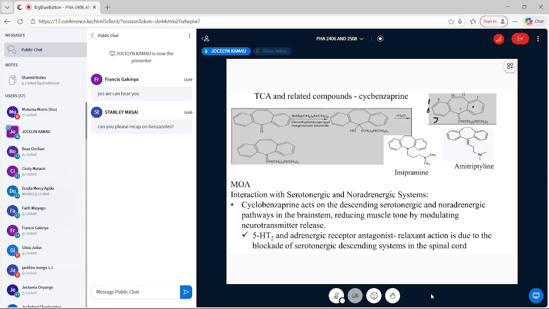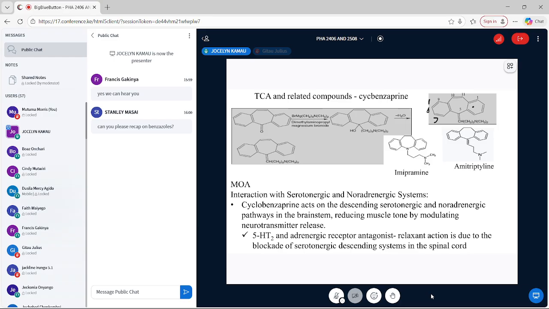When you compare it with amitriptyline, the major difference is that this compound has the 10-11 double bond. It is different from protriptyline, but it is also structurally similar to amitriptyline, though amitriptyline does not have a double bond at position 10-11, but has a bond at position 5.